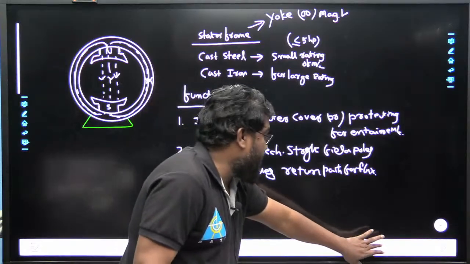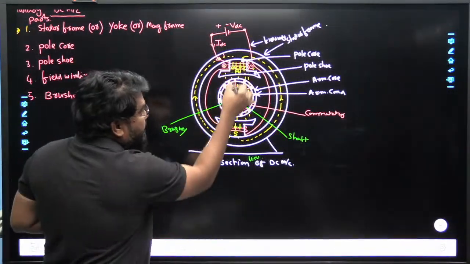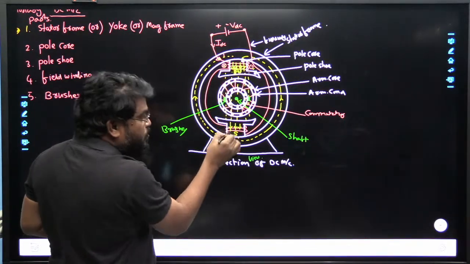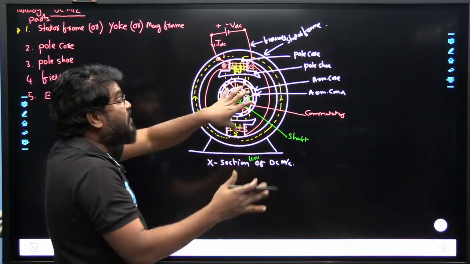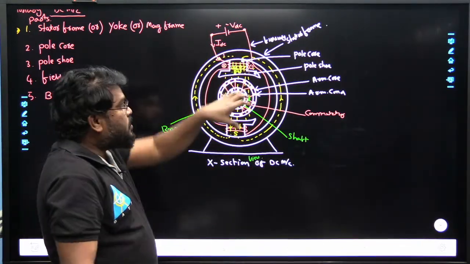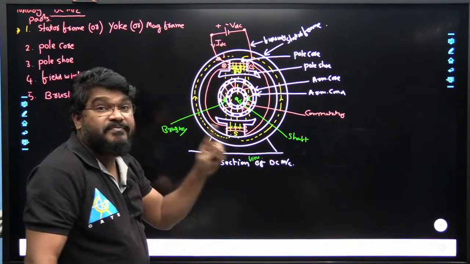Suppose this is the diagram. All the flux lines pass from the north pole to the south pole. If it provided a high reluctance, then no flux would come from the north pole to the south pole. So the armature core provides a low reluctance path for the main field flux.